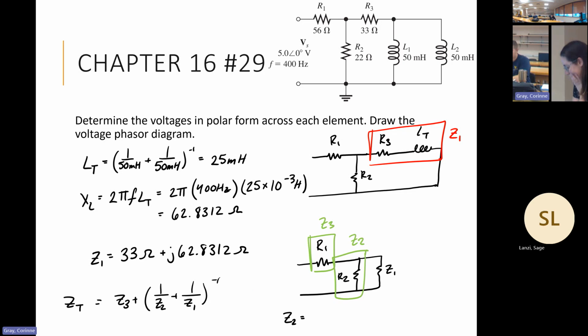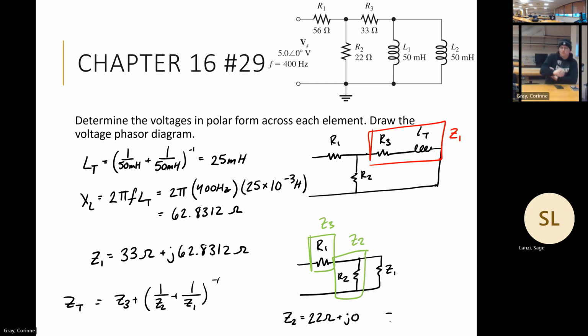Z2 should be 22 ohms plus 0J. And that would mean Z3 would have a similar looking equation, so 56 ohms plus 0J.